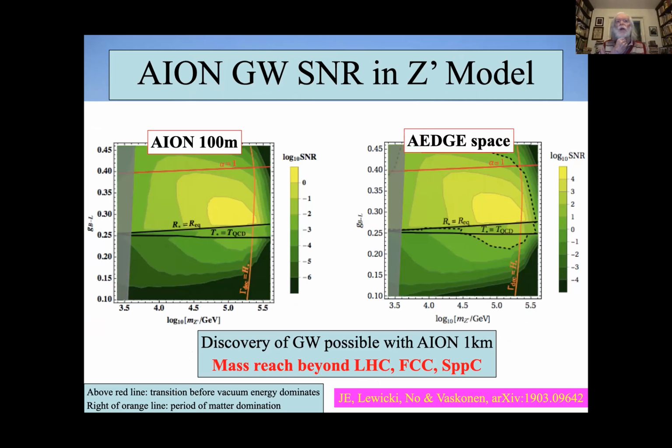Here are some plots from AION, the 100-meter version on the left, and EDGE on the right-hand side. And you see here that these gravitational wave experiments have prospective sensitivities out to 100 TeV, which is considerably beyond the prospective sensitivities of not just the LHC, but also FCC and SPPC.